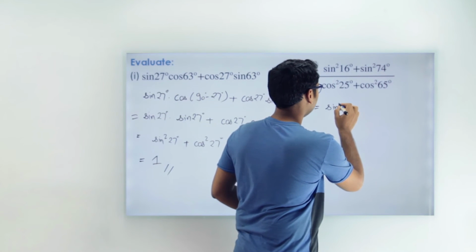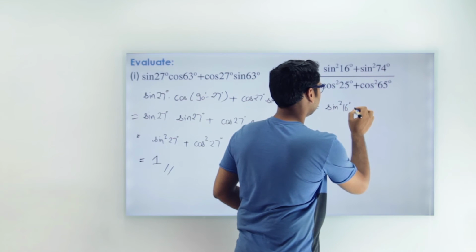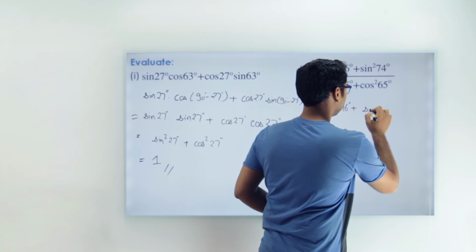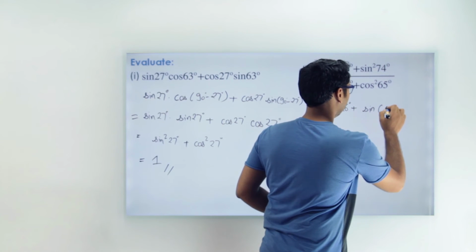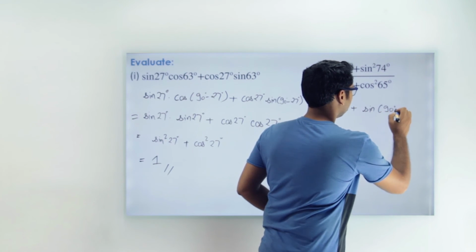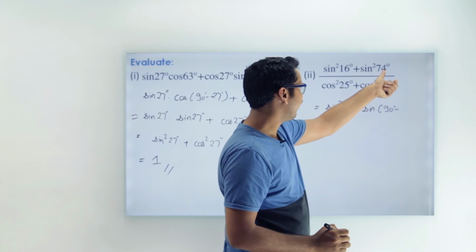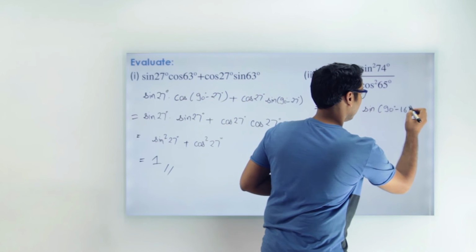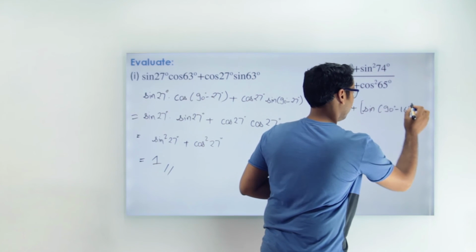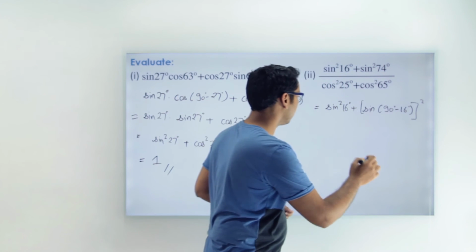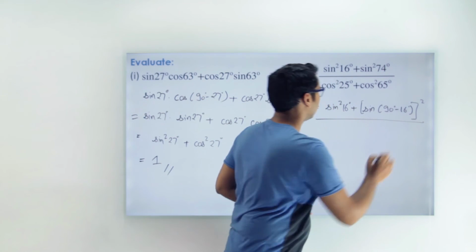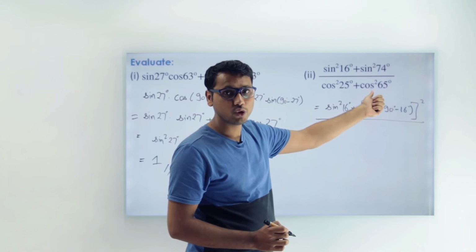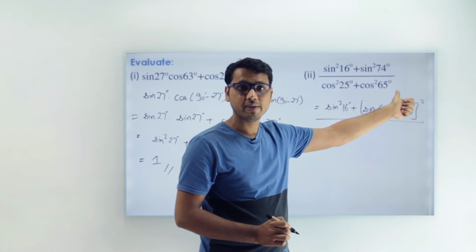This expression will become sine square 16 degrees plus sine of, breaking 74 into 90 minus its complementary angle 16, whole square, whole upon cos square 65, which we break into 90 minus its complementary angle.